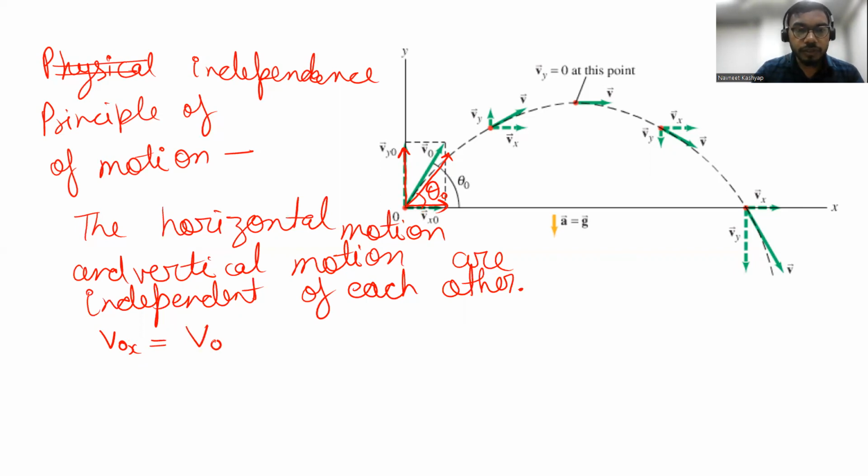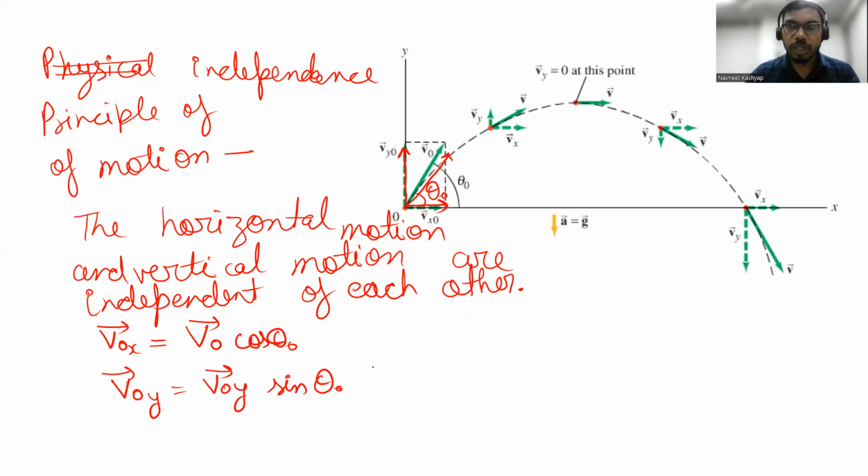V naught x is V naught cos theta naught, which is the initial angle. What will the vertical component be at the start? It will be V naught y equals V naught sine of theta naught, as we know from the resolution of vectors.